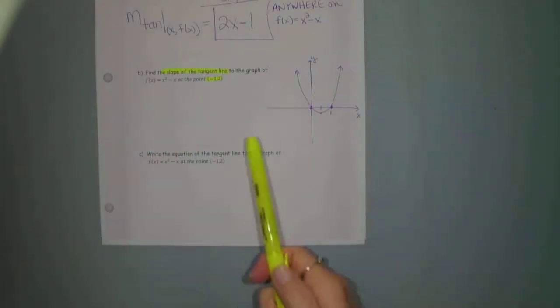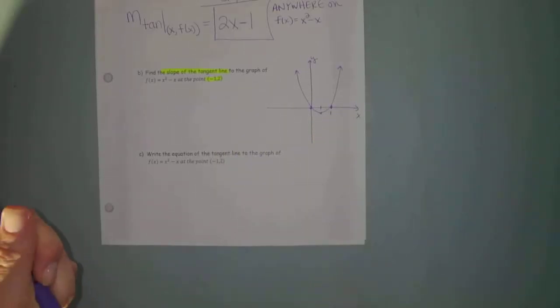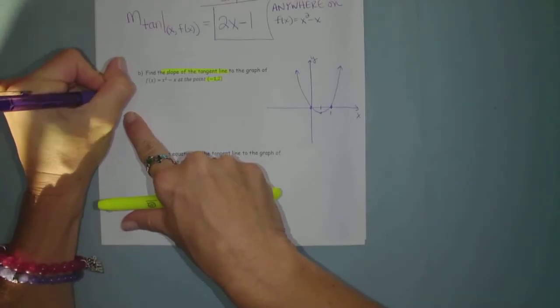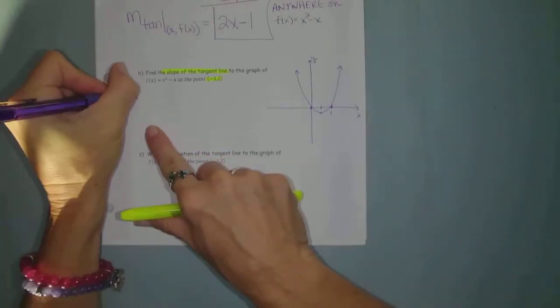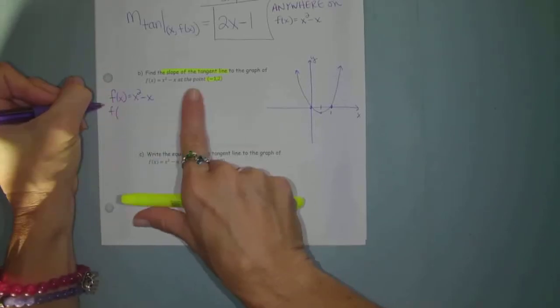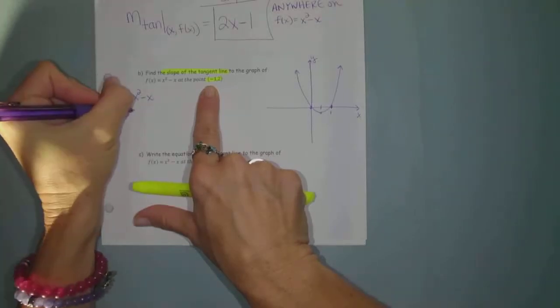Now we can verify that the point negative 1, 2 indeed is on this graph. If f of x is equal to x squared minus x, and you wanted to find the y value when x was negative 1, then we would just plug that in.